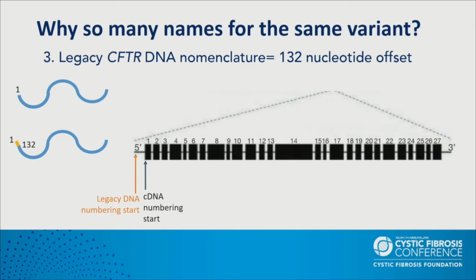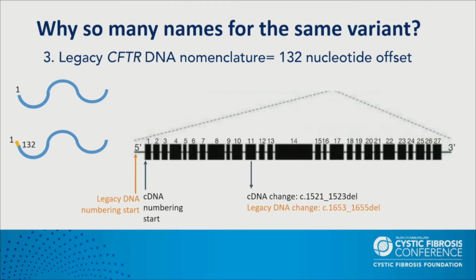This is just a different way of looking at that. So here is the sequence of the CFTR gene. And again, showing that whether you start that numbering actually at the first coding exon or not, you'll be offset.